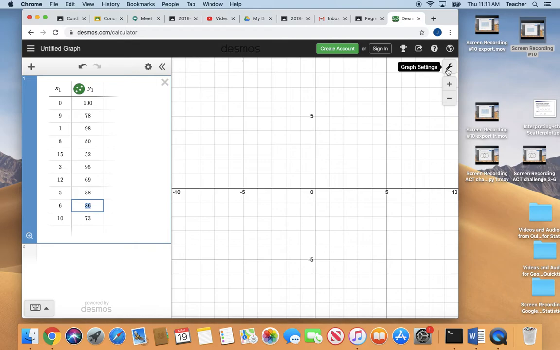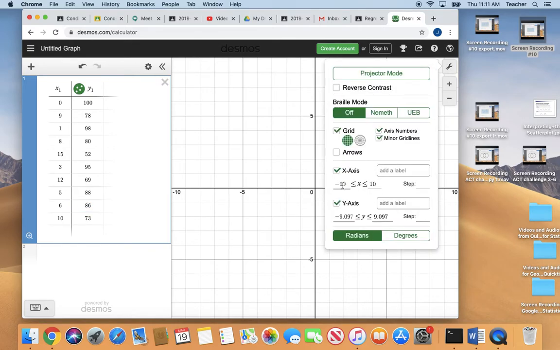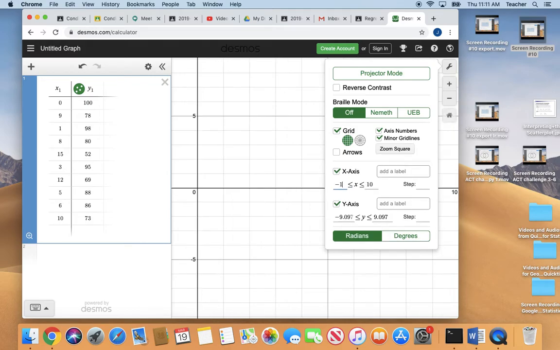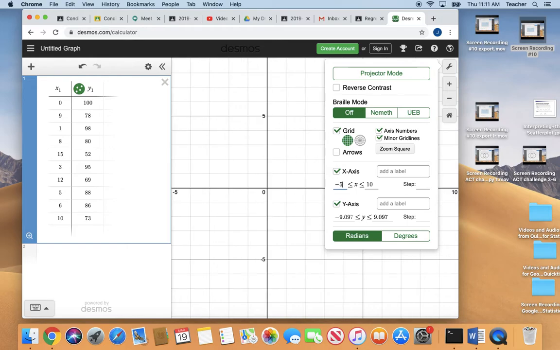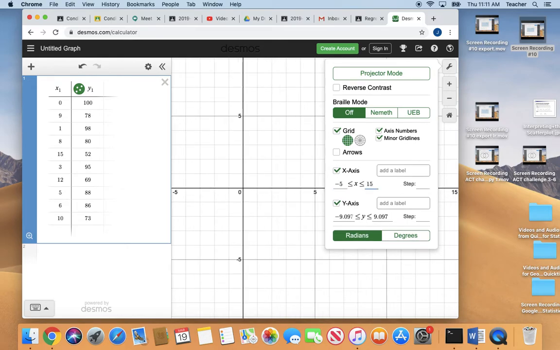So again, I don't see a scatter plot, and we've talked about this many times. You have to fix your window. Either in Desmos or in your calculator, you need to fix your window so that you can see your data. I'm going to go from -5 to 15 on the x because my x's go from 0 to 10, so a little bit below and a little bit above.